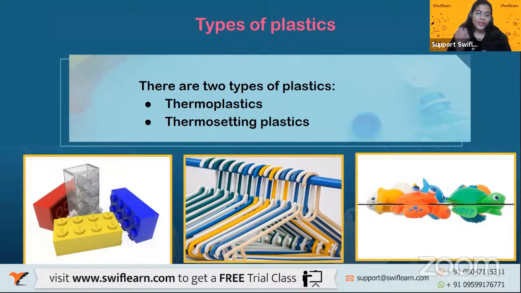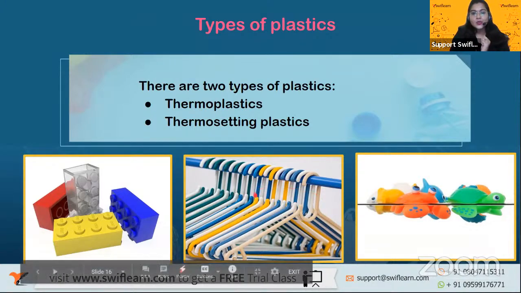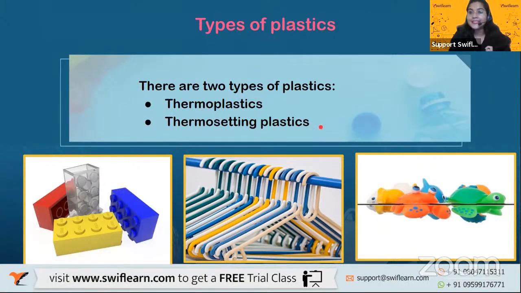So we can say that some plastic can be bent easily by giving heat to it, while some plastic, if I forcibly try to bend it, will break. So depending on this property, we can classify plastics into two main types: thermoplastic and thermosetting plastics. The thermoplastics can bend easily, and the thermosetting plastics cannot be bent by heating.